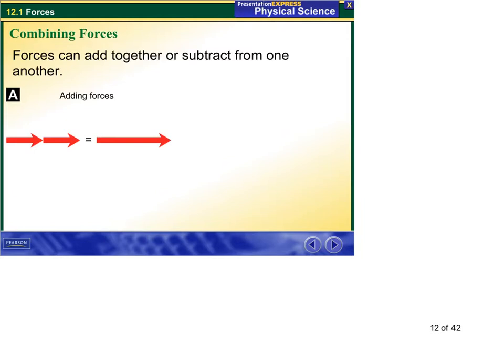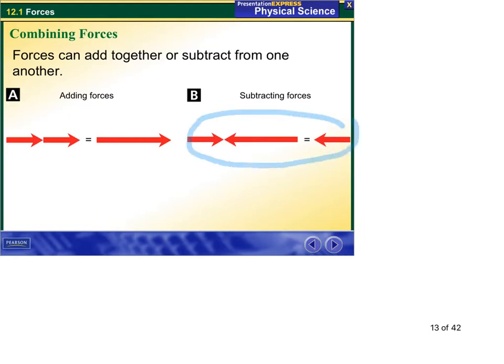Same direction, we're going to add them together. Opposite directions, we're going to subtract. These will be the two types we will deal with in this course. Now, they can be going perpendicular or at some other angle. Then we get to work with the Pythagorean theorem or something. We'll leave that for a later course.